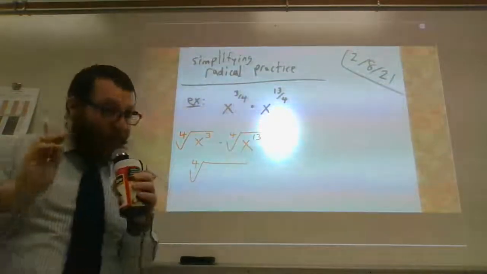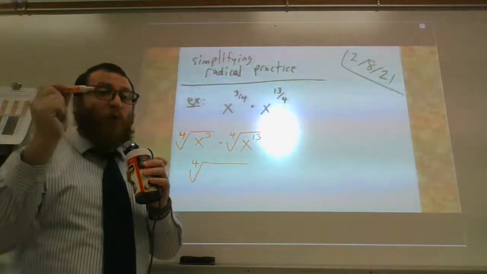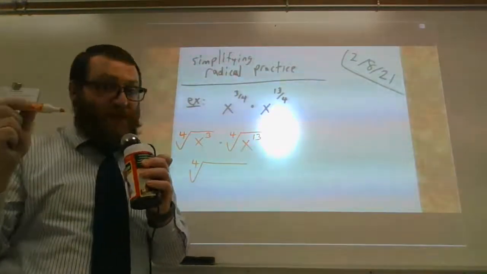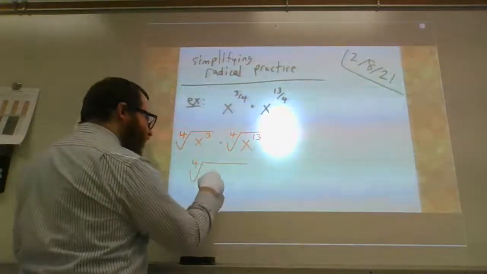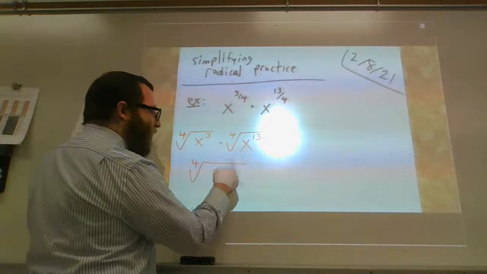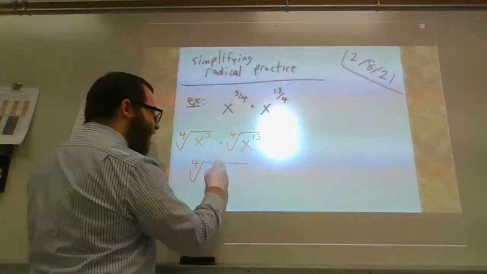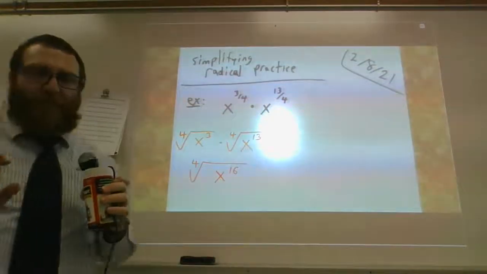Now, again, I just want to reiterate, I'm writing this in dry erase marker. I'm going to erase it in a moment because this is not what I'm going to put into my notes. If I put them together, this would be x cubed times x to the 13th, x to the 3rd, x to the 13th. That's really x to the 16th power.